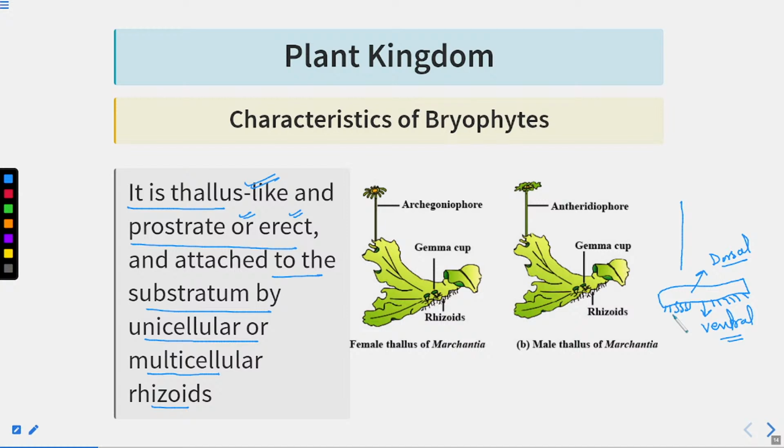They absorb even water. Here you can see the female thallus of Marchantia and the male thallus of Marchantia. Marchantia is one example of bryophytes. Here you can see rhizoids, hair-like structures coming out from the ventral surface of the thallus. These are called rhizoids.